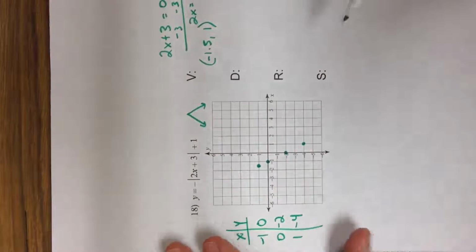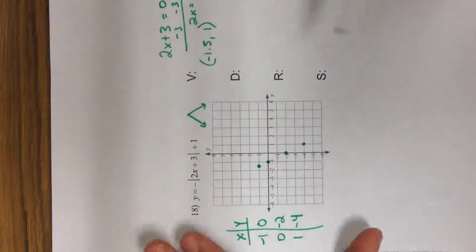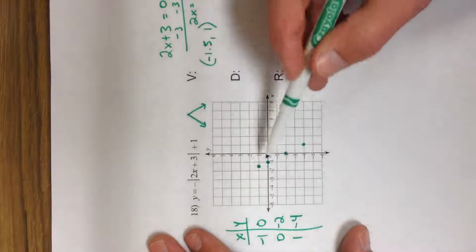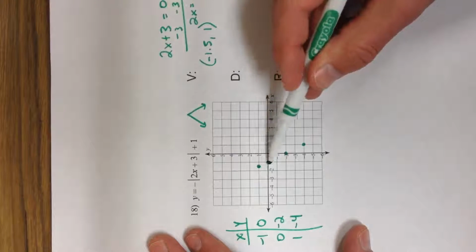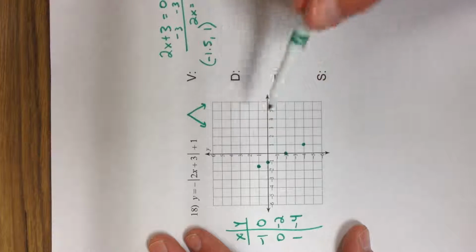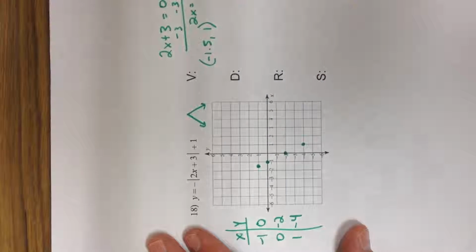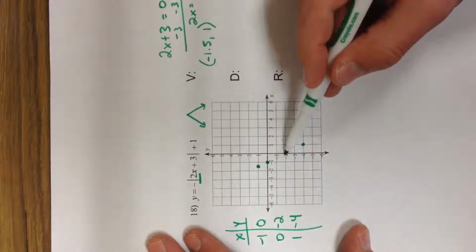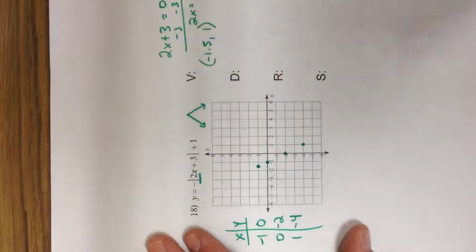Plug in 1, you get -4. Now, you might be wondering how I knew that. I don't really have a cheat sheet on me right here. I just know that it rises 1 and it runs half right here. Well, 1 divided by 1/2 is 2. So I have a slope of 2 here, just like it says in the equation. The slope is 2. So I go down 2 and over 1, down 2 and over 1, and I have that consistent slope.